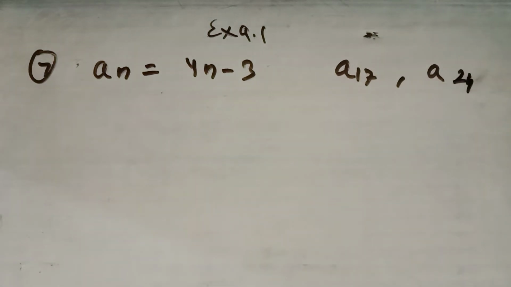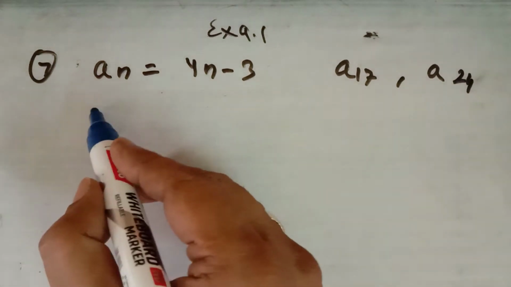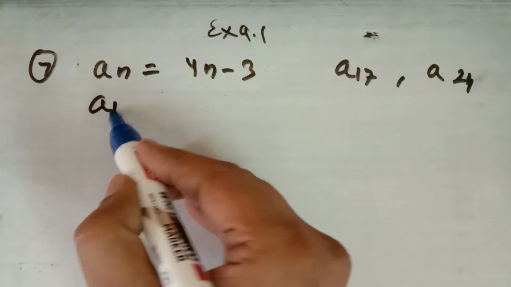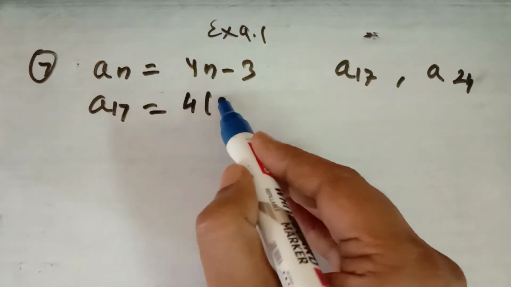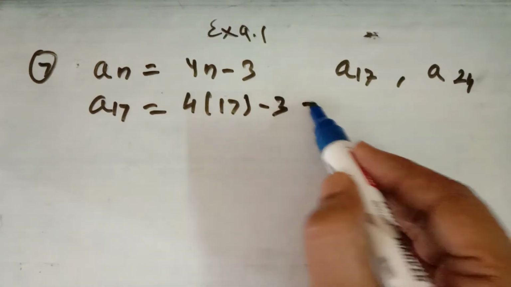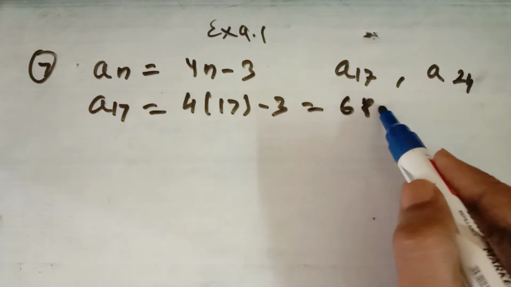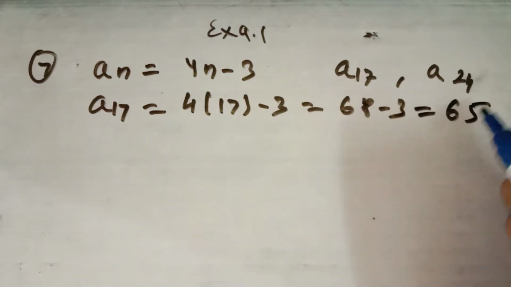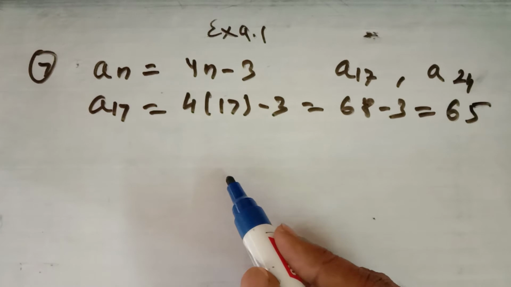Means you have to find only the 17th term and the 24th term. So as usual, the 17th term: 4 into 17 minus 3, that is 68 minus 3, that is 65 will be its 17th term.